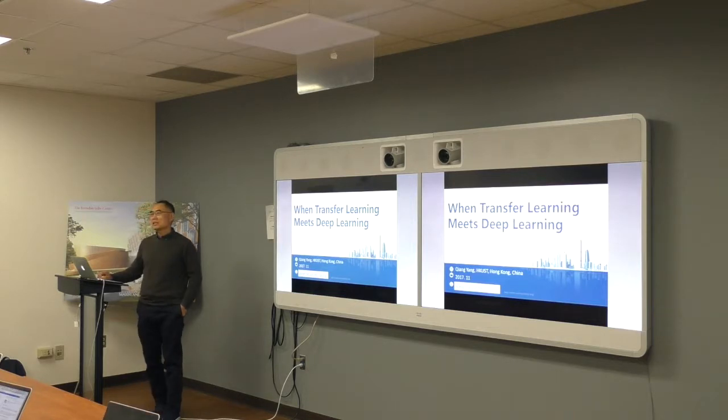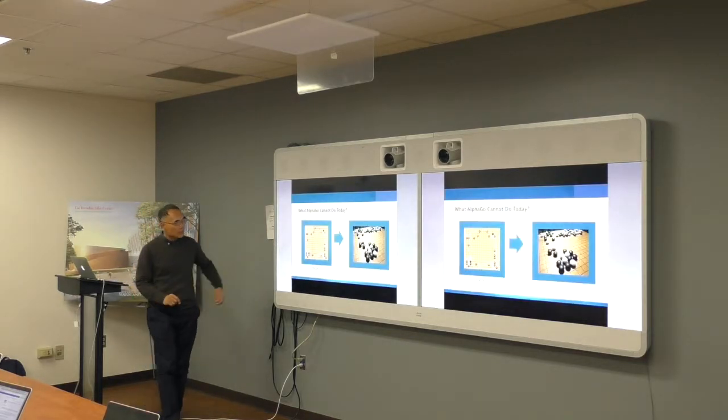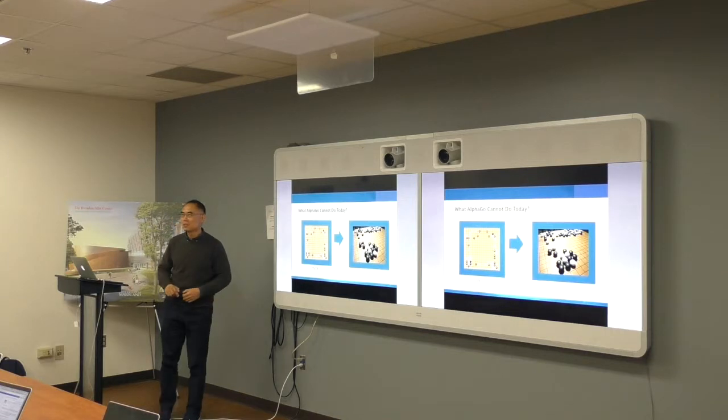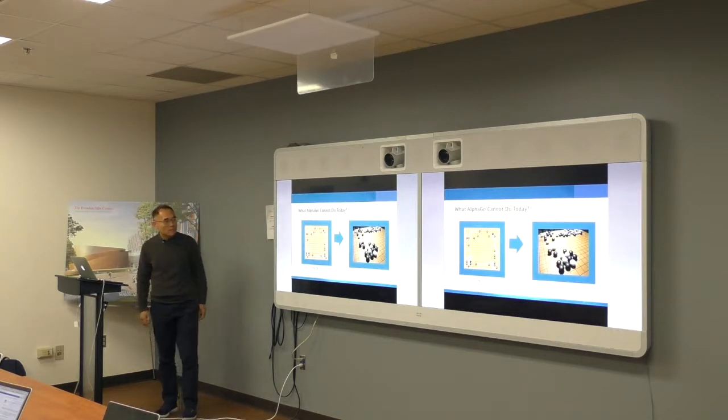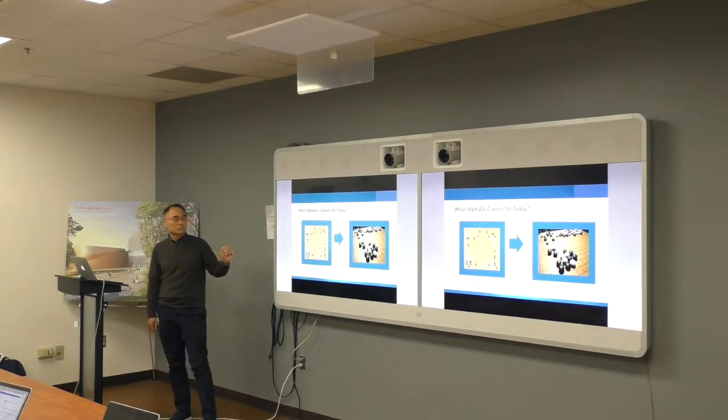But do you know what AlphaGo cannot yet do? So this is my point. If you take a certain sized board and had an AlphaGo trained perfectly for this board, but if you change the size of the board, then AlphaGo has to be completely retrained for that board.